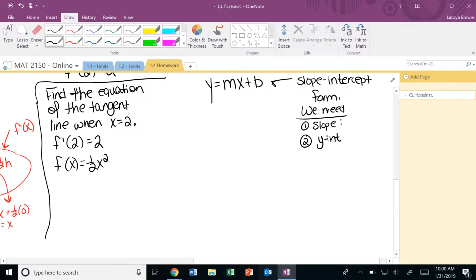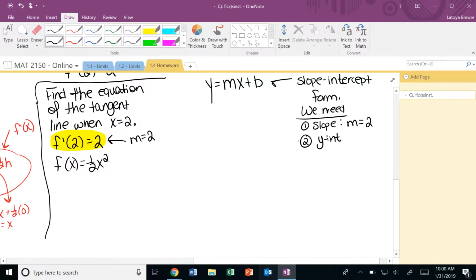Well, I'm kind of lucky, because I do know what the slope of my tangent line is going to be when x is equal to 2. We already found that. That's what you found when you found your derivative and substituted 2 into that equation. I know that the slope of my tangent line when x equals 2 is going to be equal to 2, okay? And I can make a note here that means your slope is going to be equal to 2.